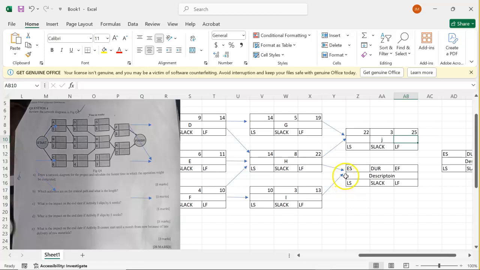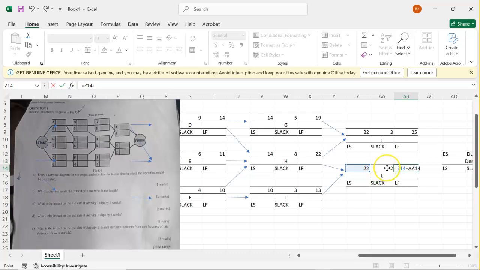Then for this one, early start again, it will be 22. Duration is 2. So this one is K. We add now 22 plus 2, which is giving us 24 there.